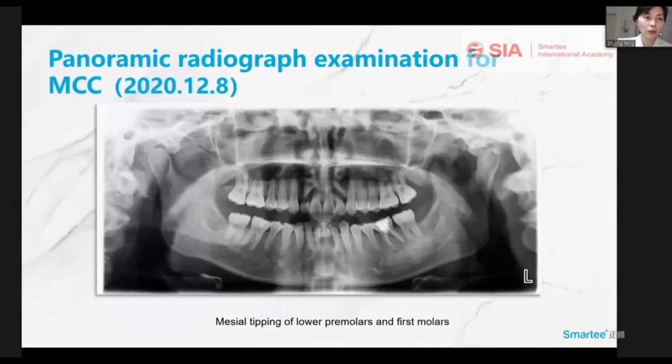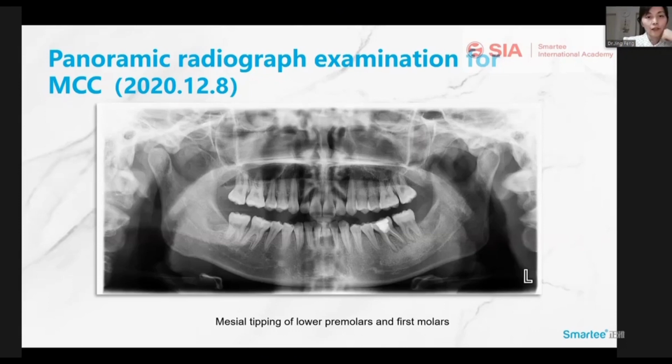So I ordered MCC. You can see the panoramic radiograph before the MCC, the molars, especially on the lower left side, tilted mesially very much. And the intrusion of the lower molars is not quite enough.